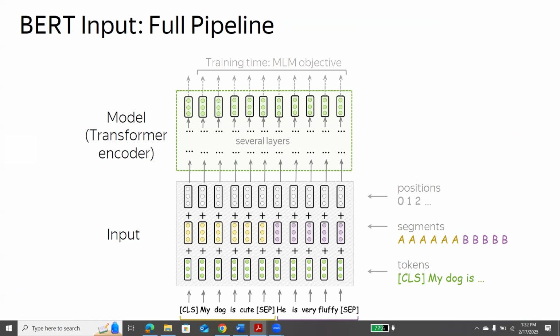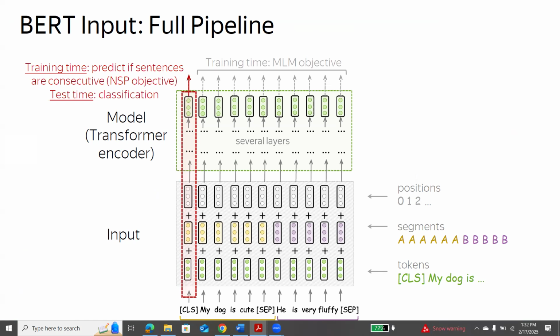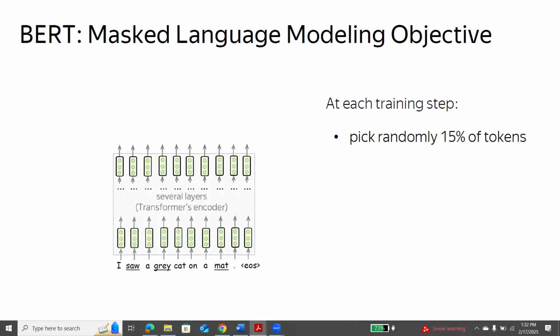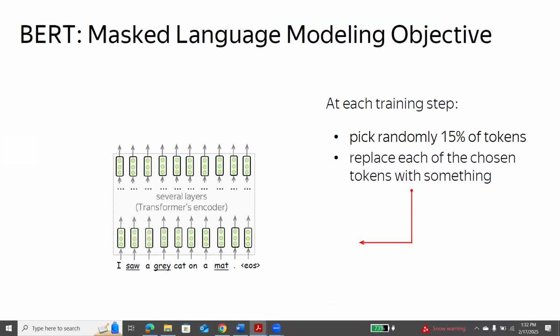So the second objective was MLM, masked language model. So let's talk about this now. For input words, they choose randomly 15% of these tokens. Like in this case, these three words.